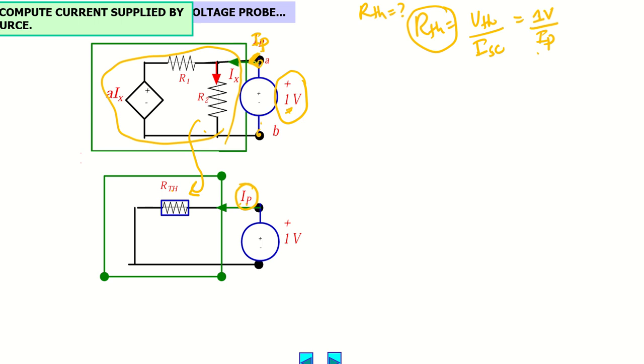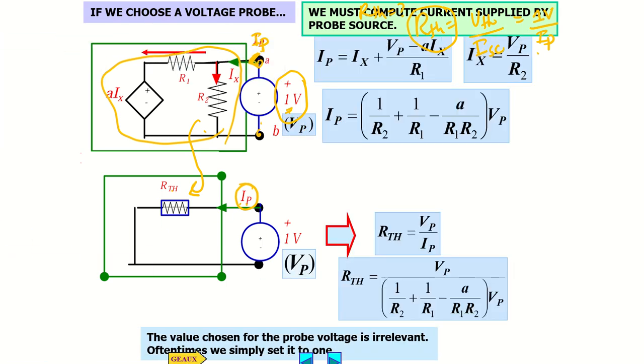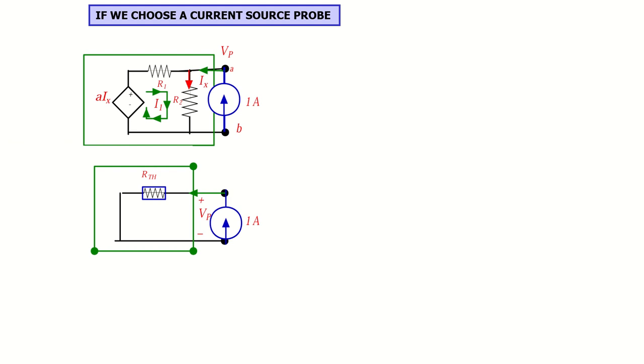If you want to use the current source, the approach remains the same. You can connect a current source here of any value. Typically we use 1 ampere. If resistances are in kilo ohm, you can use milliampere, or you can use any value, but typically we go with 1 ampere. So now I know this value of current.